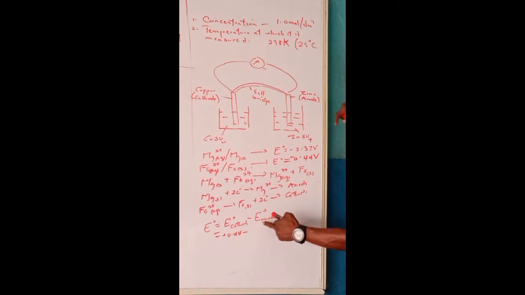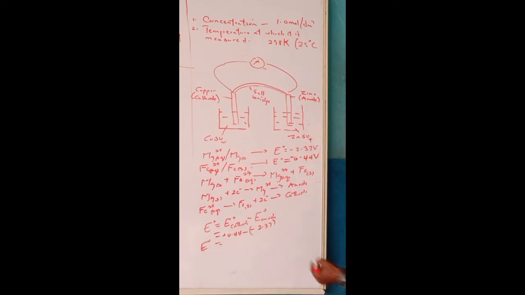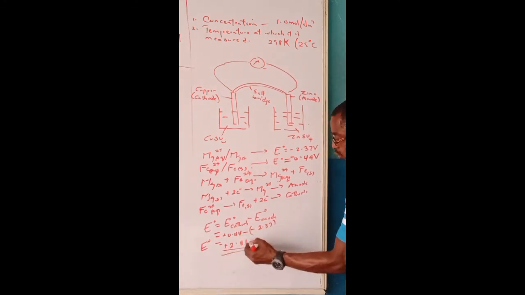Why this one remains negative, minus 2.37. What will this give us? 4 plus 7 is 11, carry 1; 4 plus 3 plus 1 is 8. Then 2.81 volts. So that's the EMF for that cell: 2.81 volts.